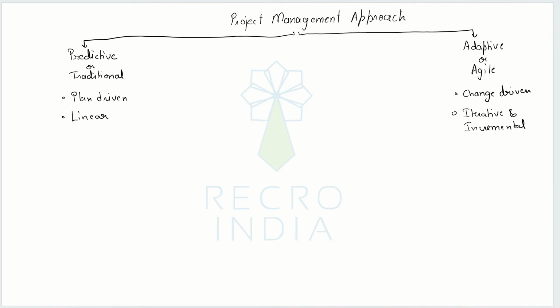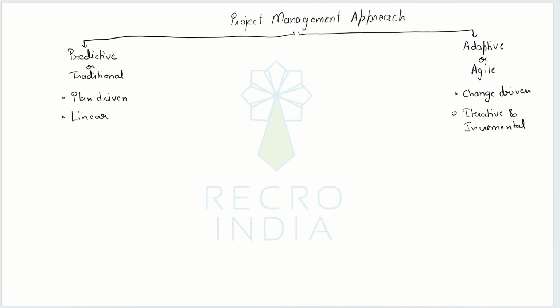So when it comes to adaptive, they are both iterative and incremental, meaning they will be prioritizing to deliver small outputs throughout the project in an incremental manner. But at the same time, with each increment, they will also be looking to incorporate the feedback, refine their increments as they move forward through an iterative approach. So they are both iterative and incremental in nature.